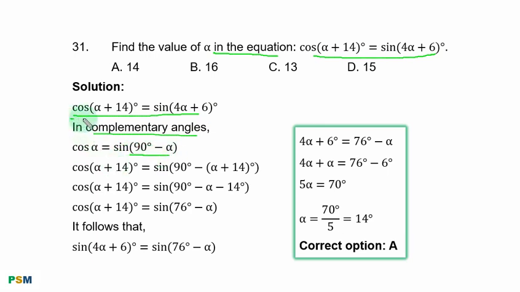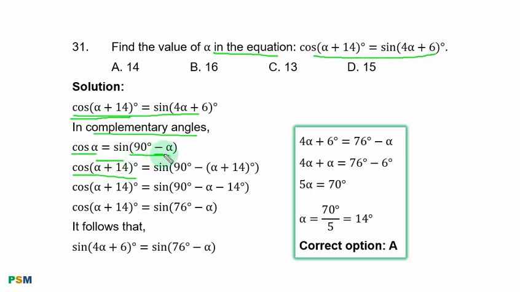Let's take this part and compare it with this part. It simply means that alpha is equal to alpha plus 14. That is the meaning.